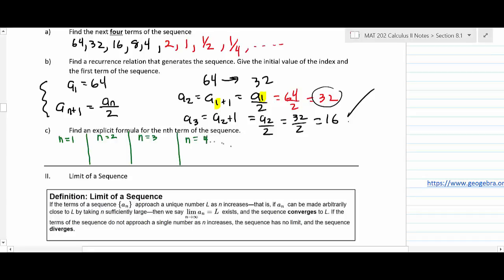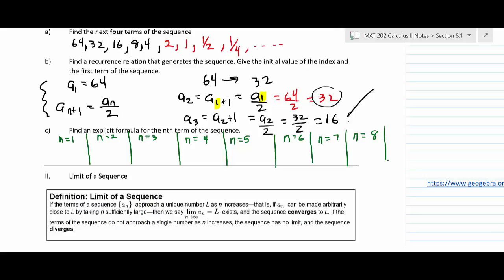I think I'm going to carry it out to about 8 terms. That's probably not necessary, but I really want you to see what happens when you start getting into the fractions. Remember, when you're doing an explicit formula, your goal is just to have a sub n equals whatever. One formula for the whole thing.